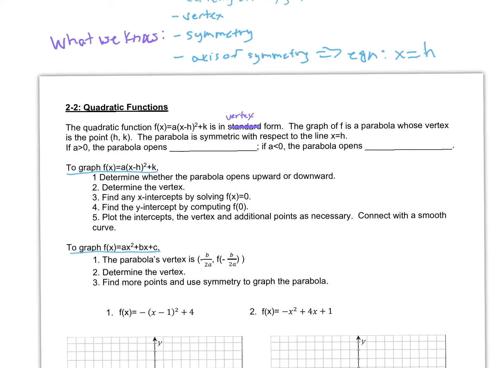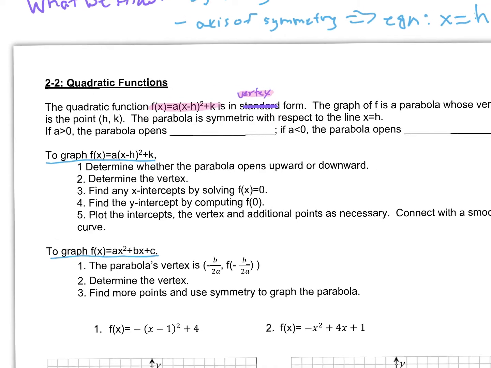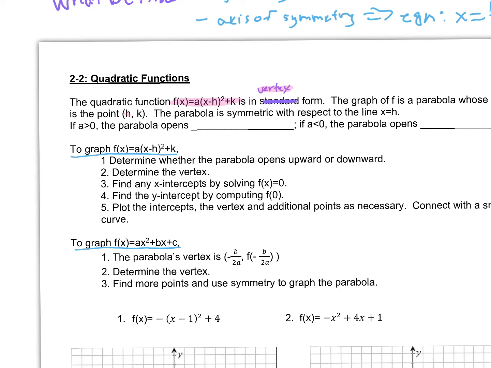The quadratic function, if you notice in this particular form, is what's referred to, it said standard form there, but that's actually vertex form. So fix that for me, please. So that's vertex form. And we know that the vertex, or the point that is given, is going to be of the form (h, k).